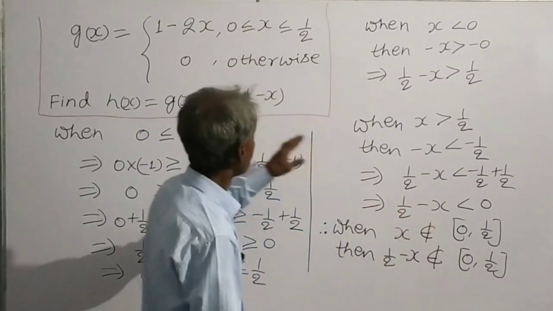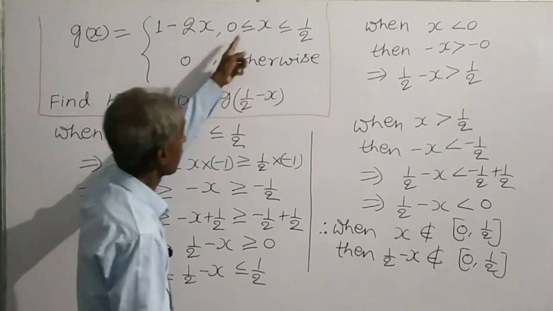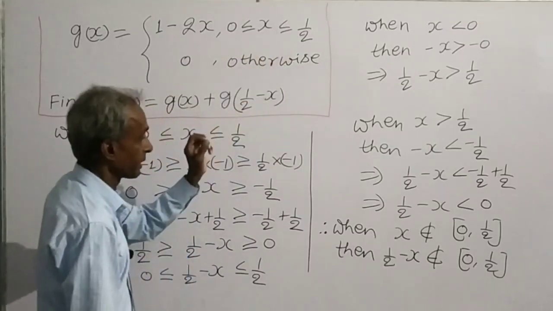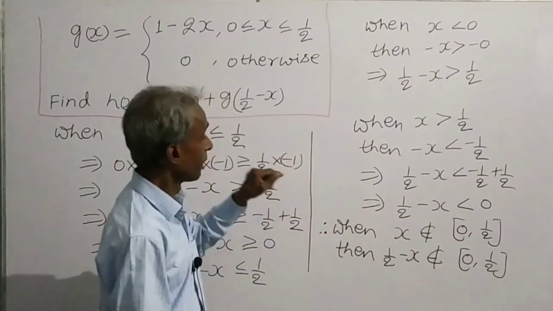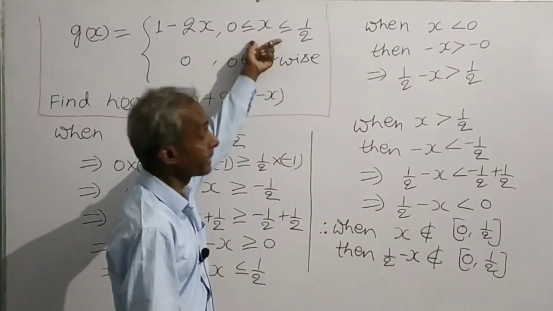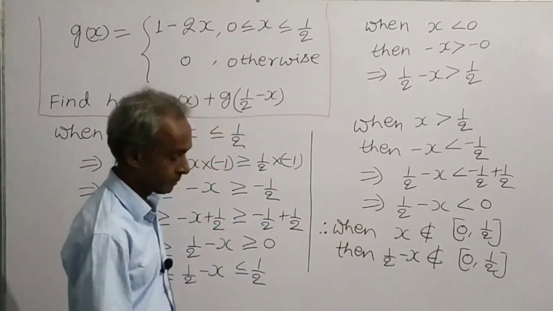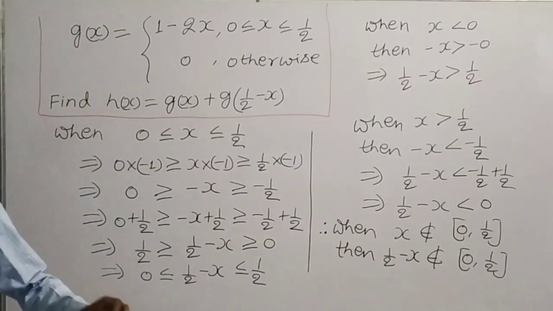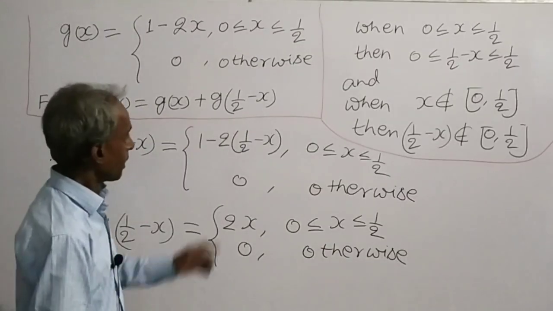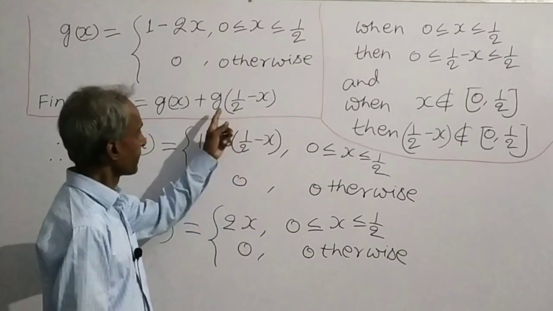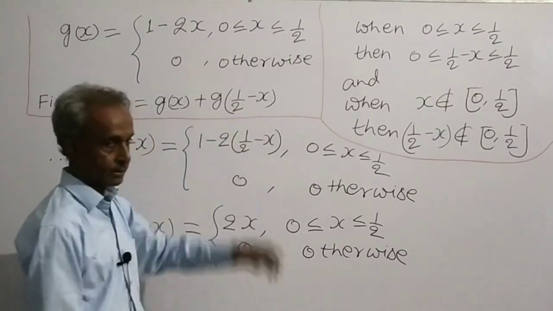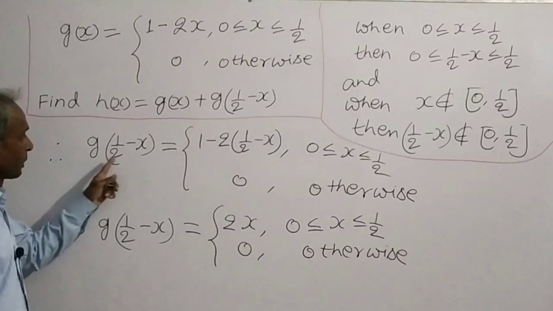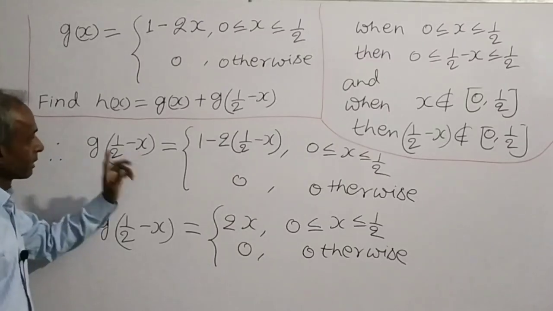That means when x does not lie in this interval, then 1/2 minus x also does not lie in this interval. Now we write g(1/2 minus x).